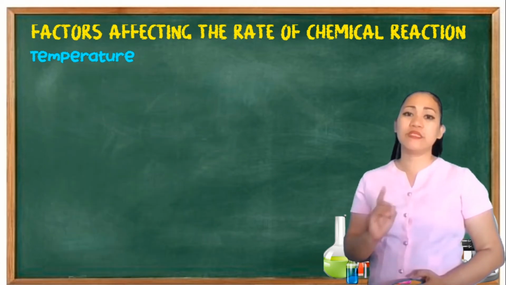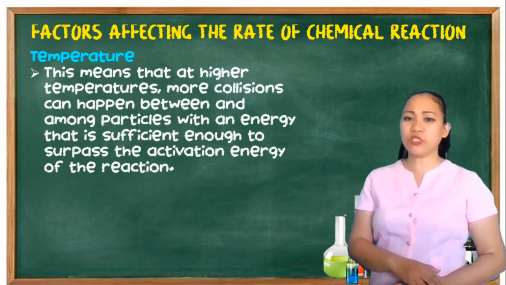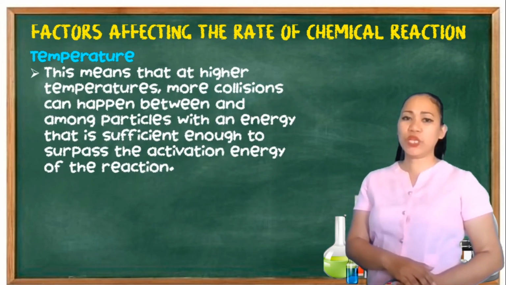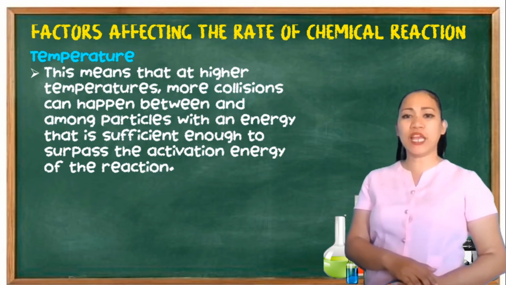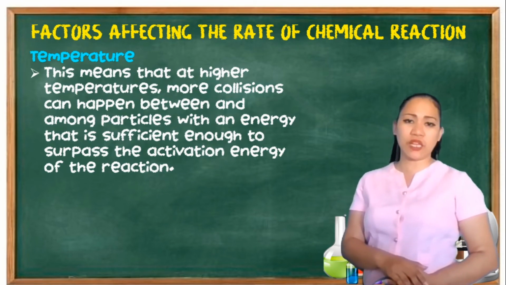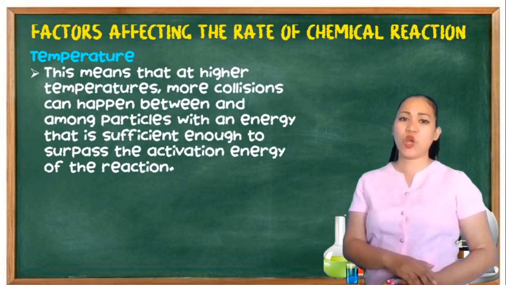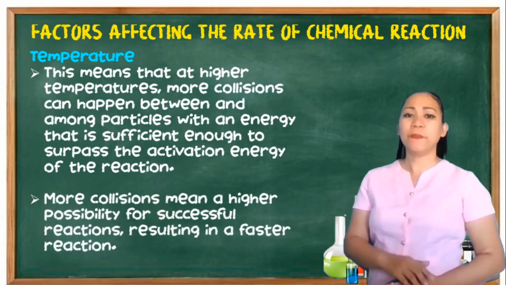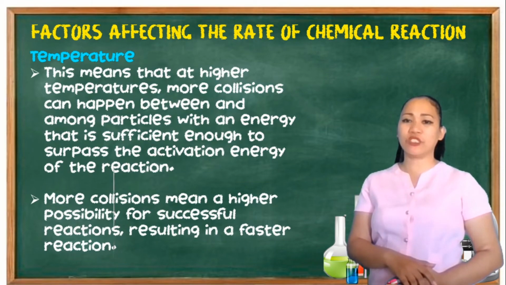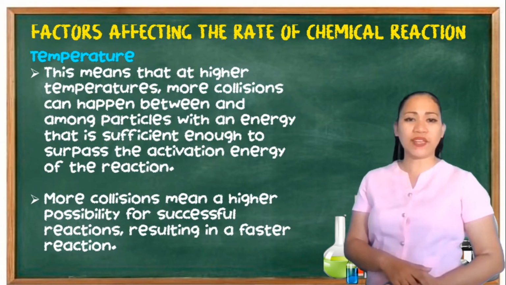This means that at a higher temperature, more collisions can happen between and among particles with an energy that is sufficient enough to surpass the activation energy of the reaction. More collisions means a higher possibility for successful reaction, resulting in a faster reaction.